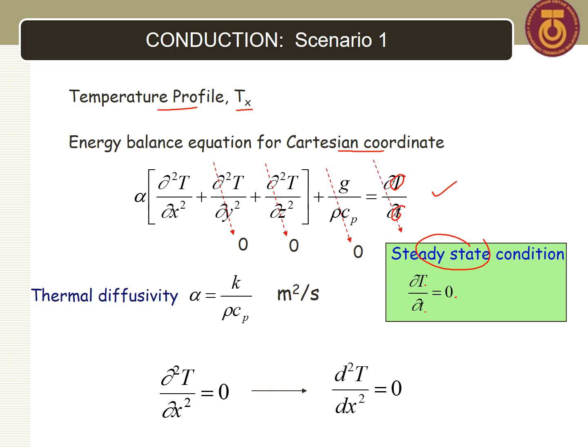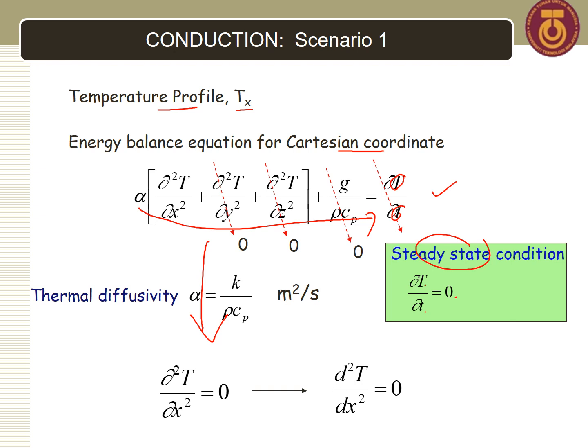If we move alpha to the right, it also becomes 0. So the whole very long equation becomes: delta 2T divided by delta x2 equals 0, a partial differential equation.